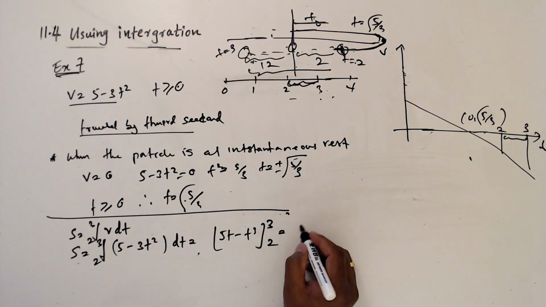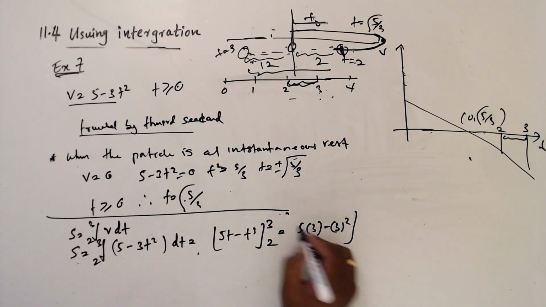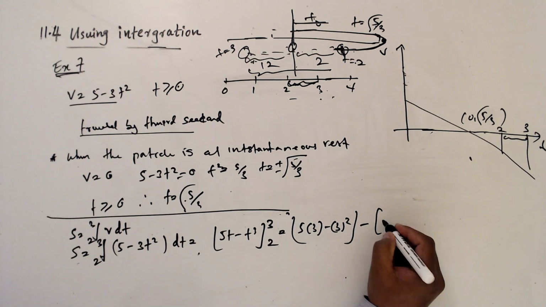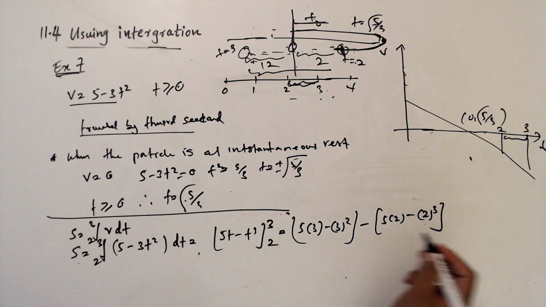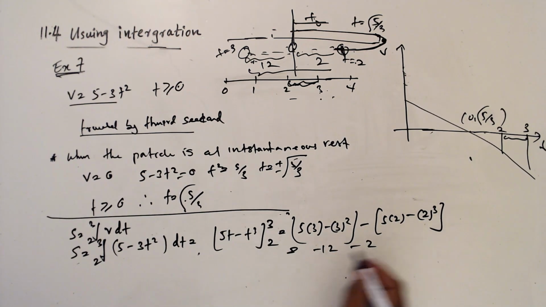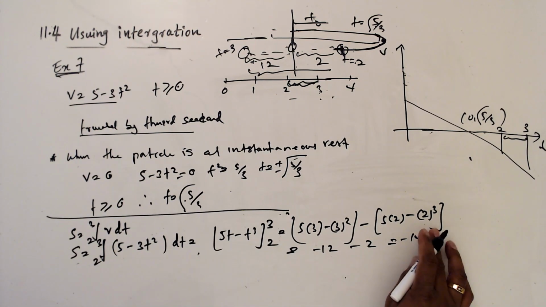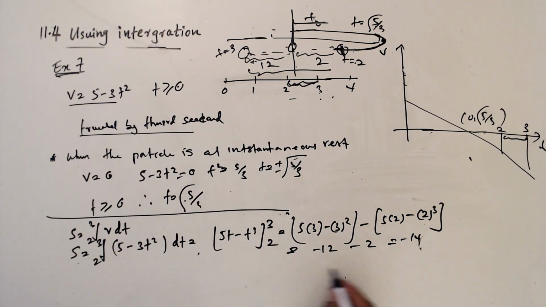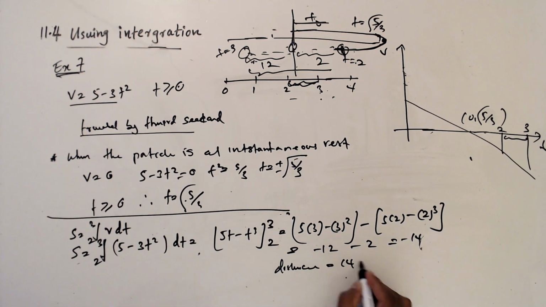So this is 5 times 3 minus 3 cubed, minus 5 times 2 minus 2 cubed. So this is minus 12 and minus 2. So we'll get minus 14. So the distance is 14 meters.